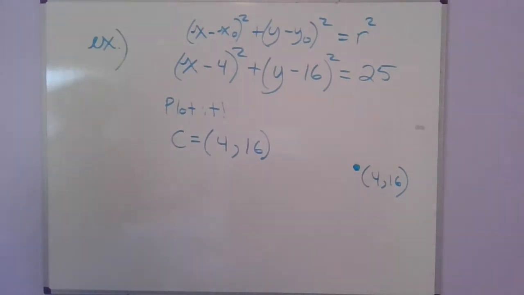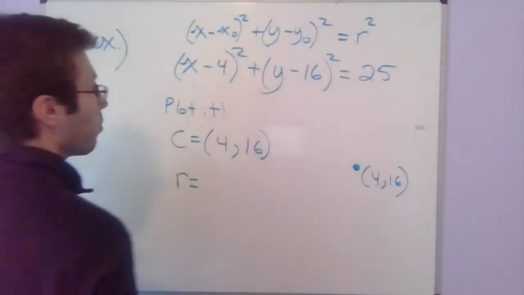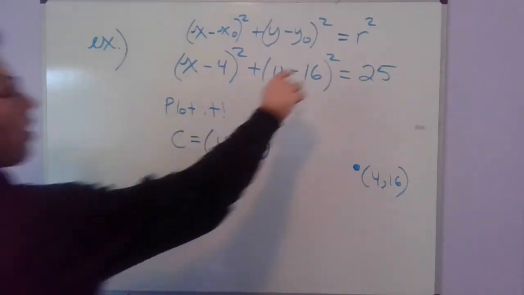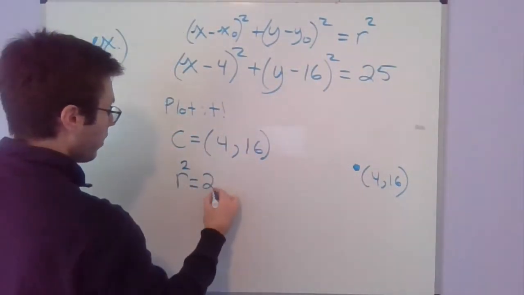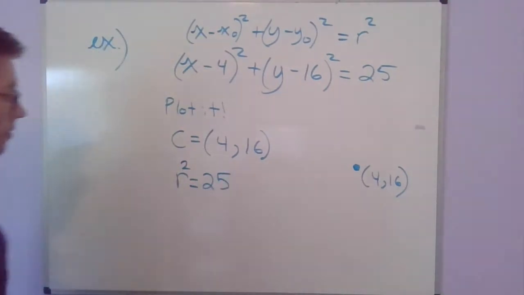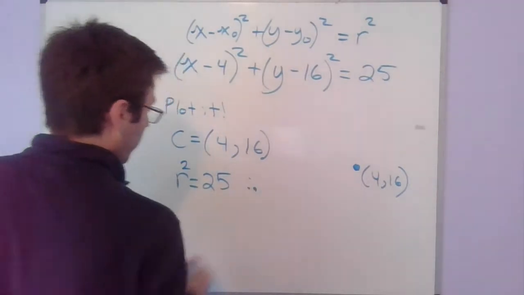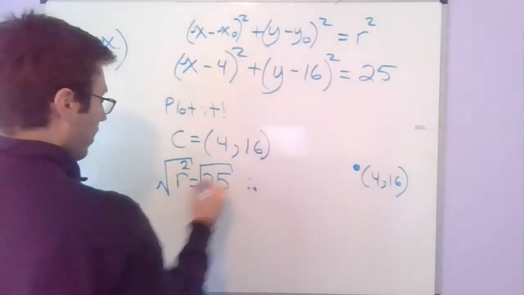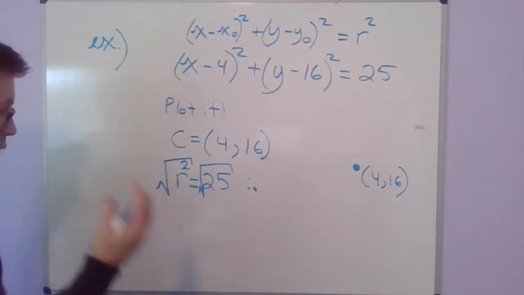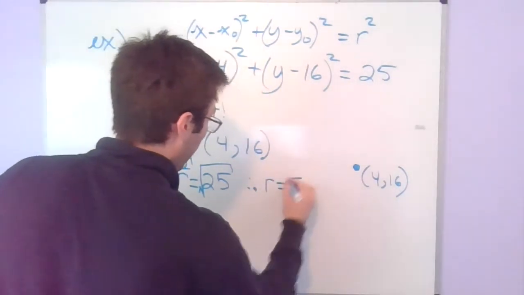Now the question is, what is the radius of it? So the radius is also important. Notice that r squared equals 25. Therefore, if we take the square root of both sides, what happens is that r must be equal to 5.